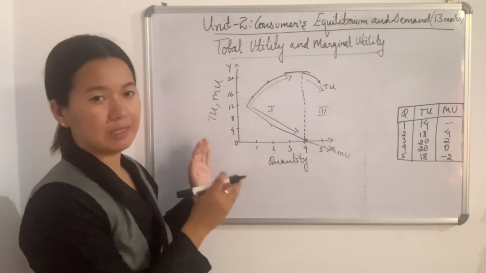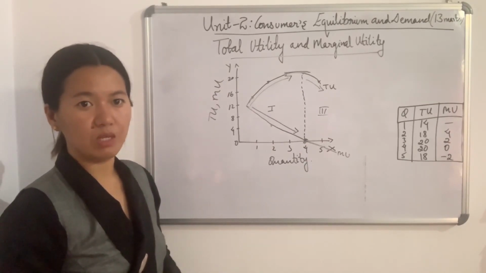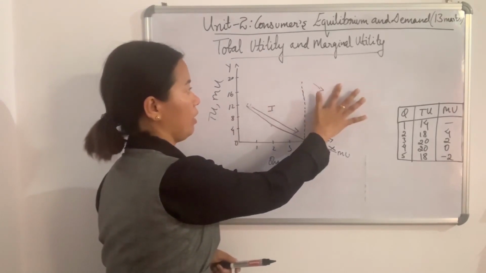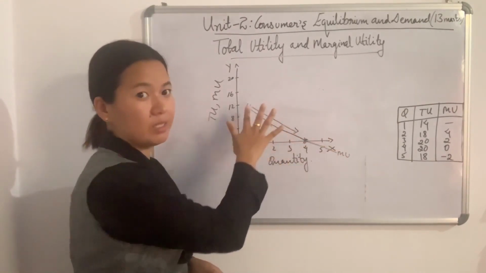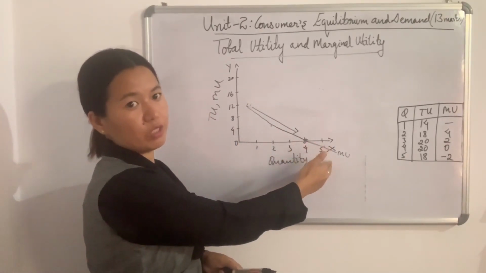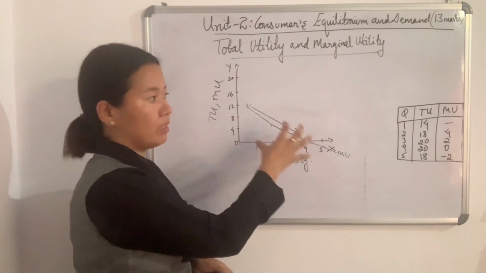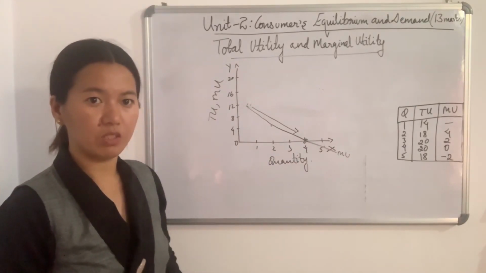And this same diagram you can use for the law of diminishing marginal utility. As we have learned earlier, the law of diminishing marginal utility states that as you consume more and more units of a commodity, the satisfaction which you derive tends to decline. This is the diagram for your law of diminishing marginal utility.